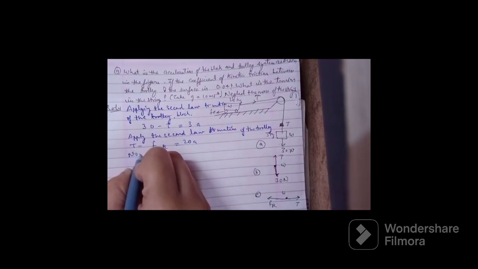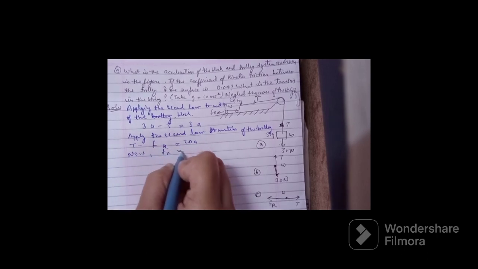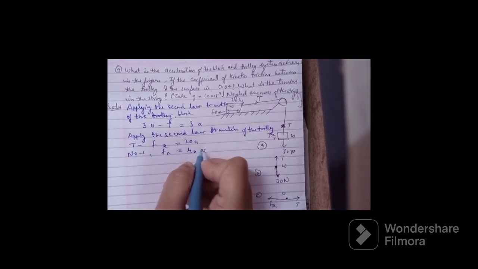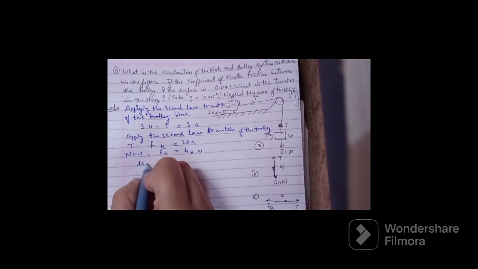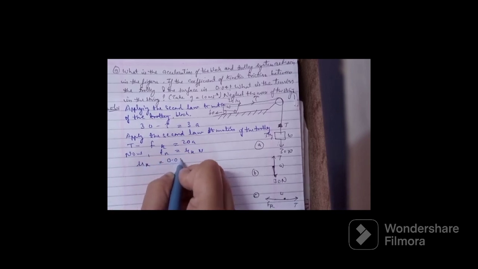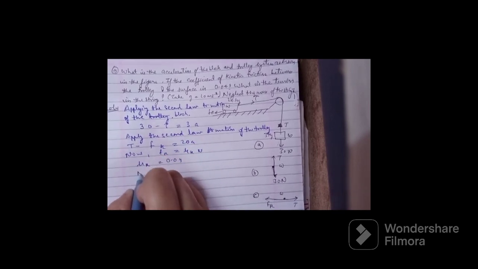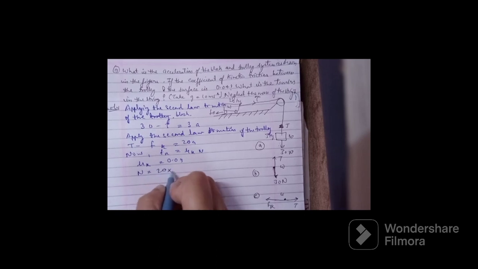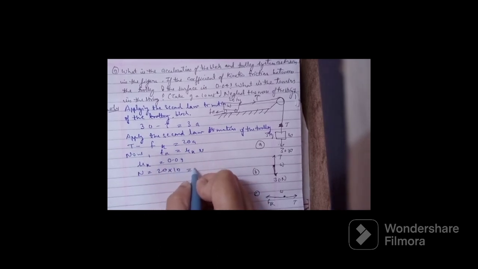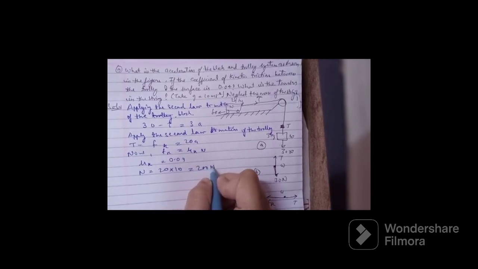Now fk equals mu k N, where mu k equals 0.04 and N equals 20 into 10 equals 200 Newton.